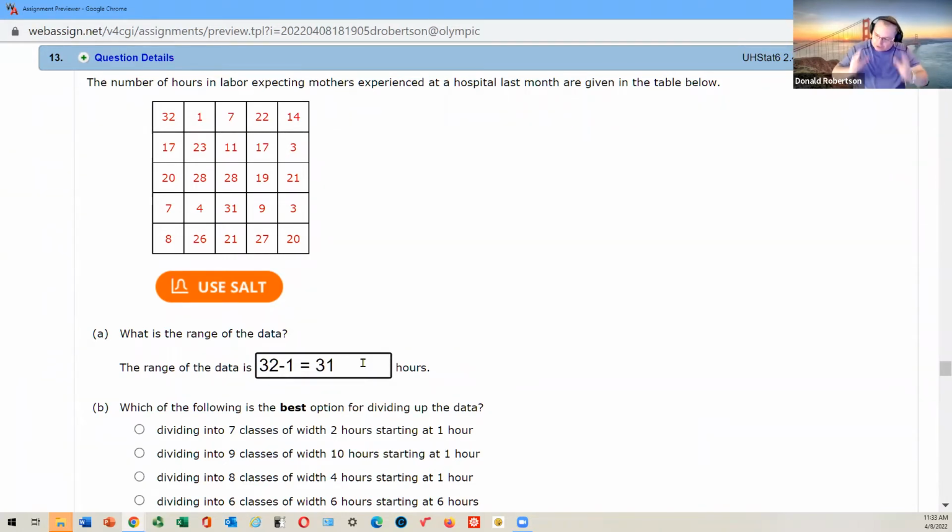Now, that means from the smallest to the biggest, you've got 31. If you want to group data, you can group them in groups of 5, like nothing to 5, 5 to 10, 10 to 15, right? You can group them in groups of 4, nothing to 4, 4 to 8, 8 to 12, and so on. So when you group them in different ways, you'll end up with more or less rectangles. Can you imagine if I did a group 0 to 20, 20 to 40, and 40 to 60? I would be lucky if I got 1 or 2 rectangles.